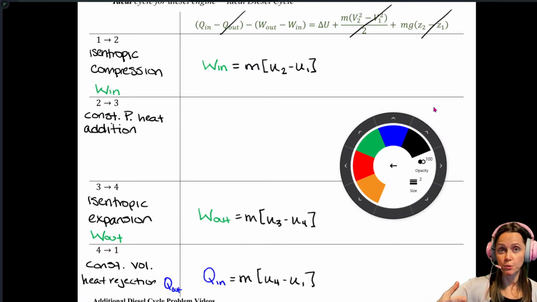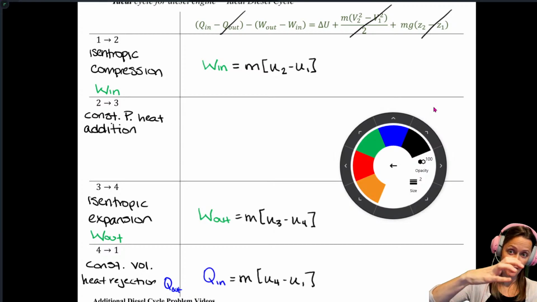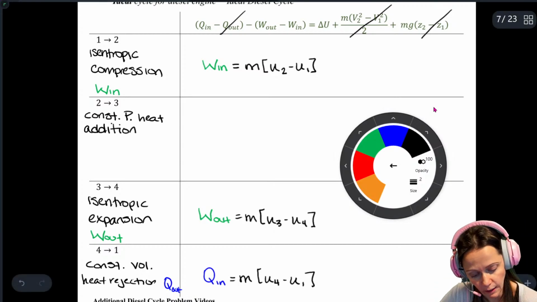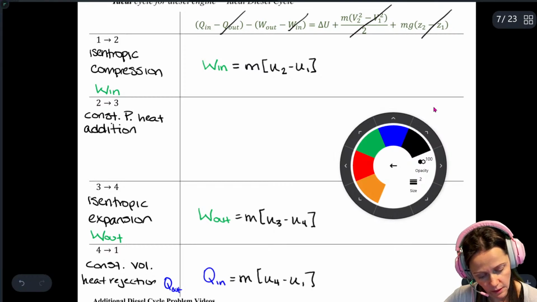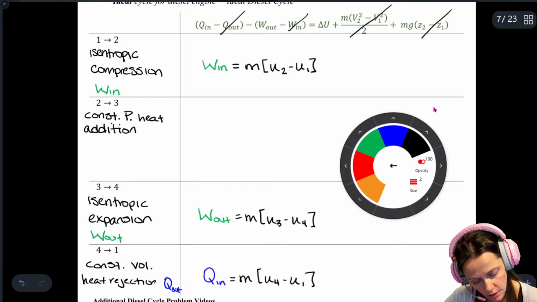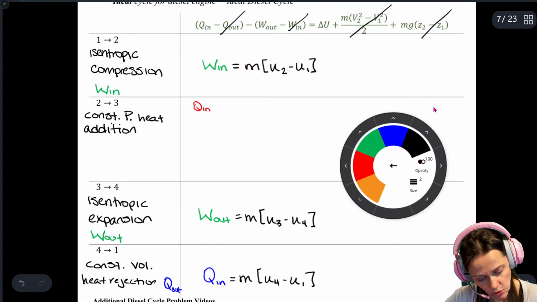I'm allowing the pressure to be constant, and so I'm not adding any extra pressure to keep the volume constant. No. So as I add heat, I'm going to have an expansion process, which is a work out process. So this becomes Q in minus, and I've got a work out.